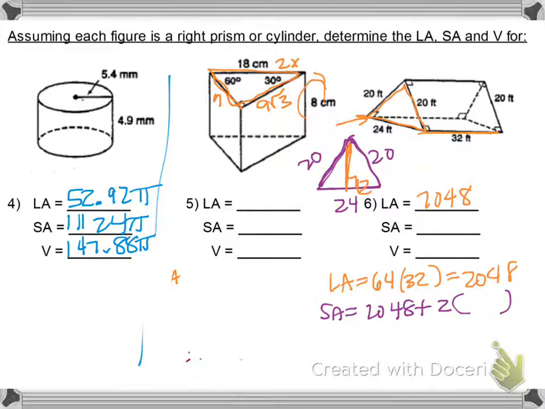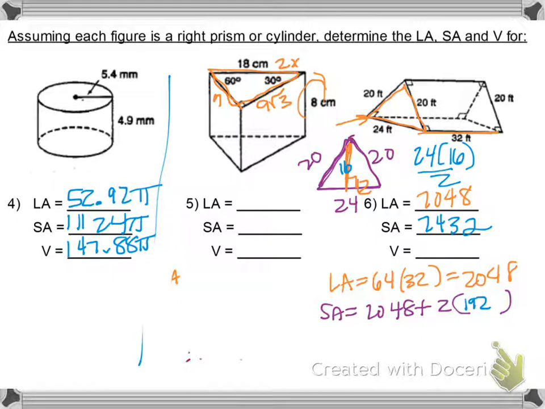If you do Pythagorean theorem here, you will get this side to be 16. So now if I do base, which is 24, times height over 2, 24 times 16 over 2, you get 192. So if I do that times 2 and I add 2,048, you get 2432.